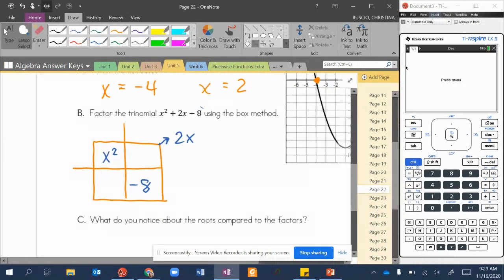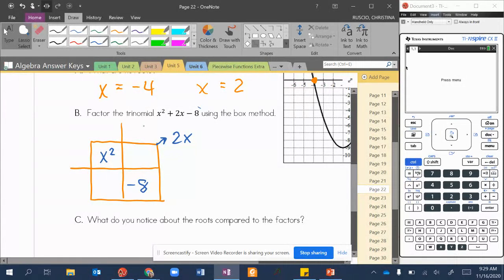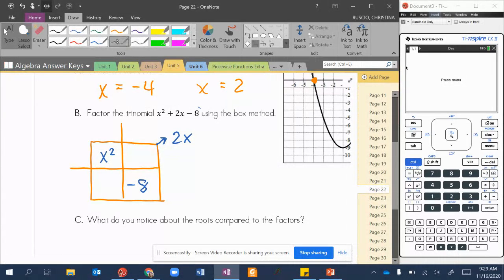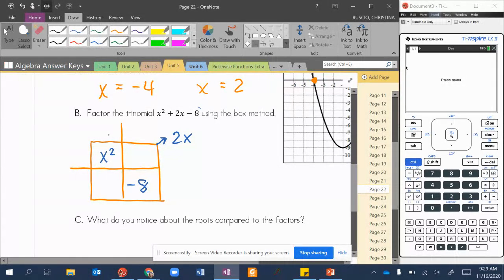So what we want to try to find out now is what makes this box completed by filling out the sides. So how are we going to get x squared? What times what is x squared? If you're thinking x times x, you're a genius. Good job. All right, now we want to find two numbers that multiply to negative 8. Isn't that negative 8 and positive 1?